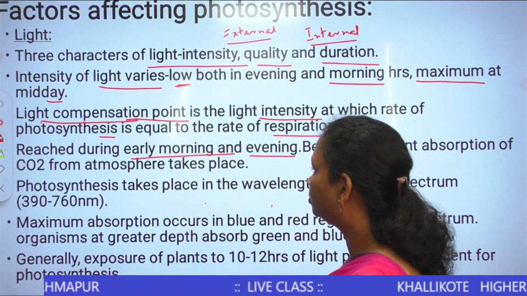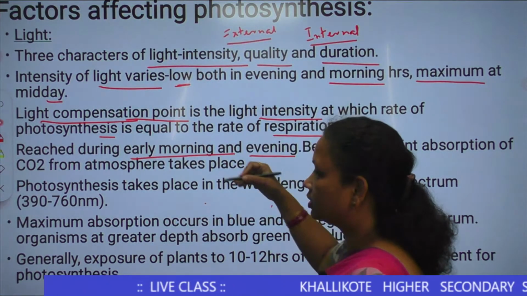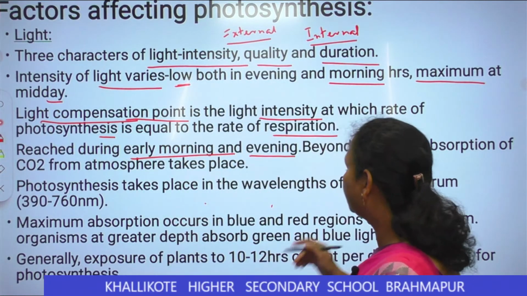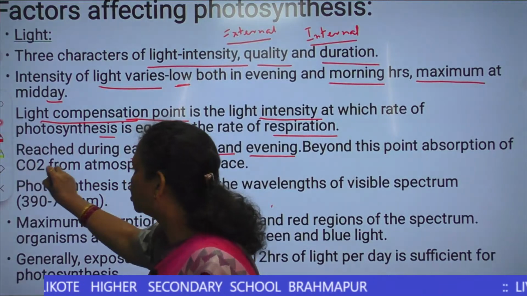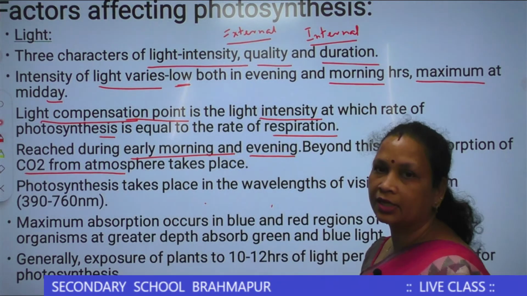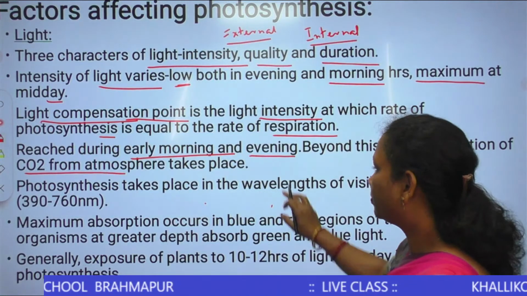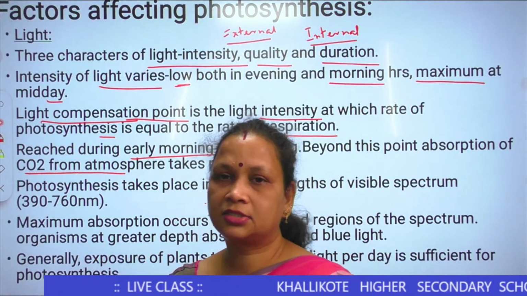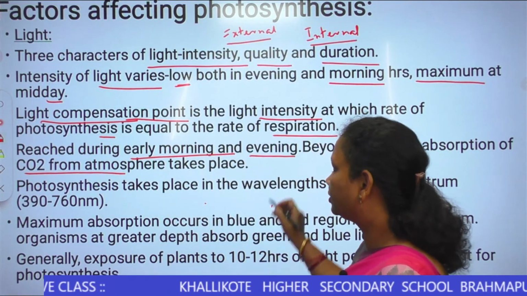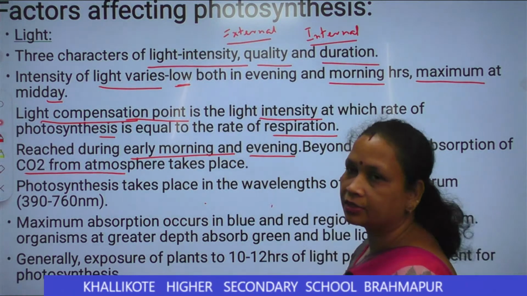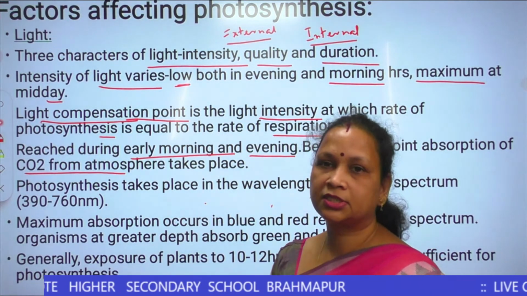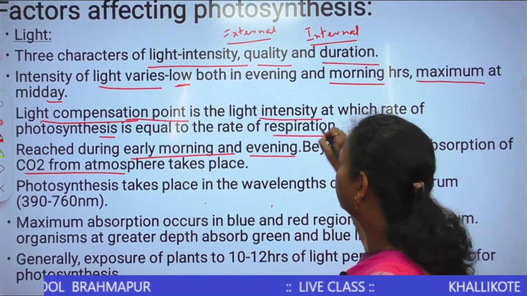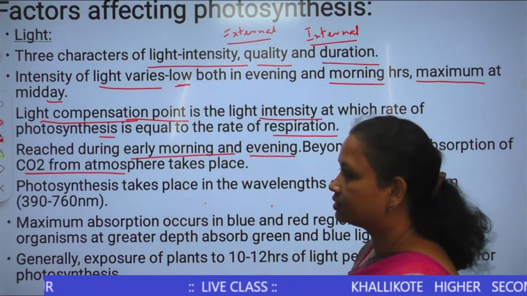Beyond this point, after early morning, when the intensity of light slowly increases, carbon dioxide from the atmosphere starts diffusing through the stomata in a much higher quantity, and more photosynthesis occurs. So, there is greater release of oxygen into the atmosphere after the light compensation point. Slowly towards evening, when the intensity decreases, again the light compensation point is reached.